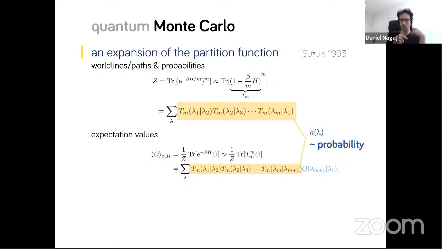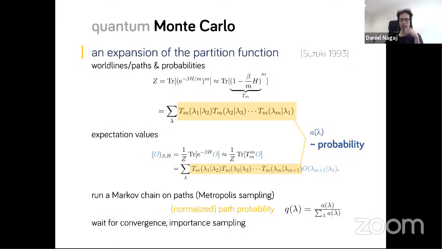And then calculate expectation values by looking at the values of observables for given states, like going from one state to another state, with a probability that's calculated also from this formula. So in some sense, we are able to estimate expectation values by first calculating some probabilities. And to calculate those probabilities, it is enough to run a particular randomized process, a Markov chain, that ends up with pretty much a typical path.